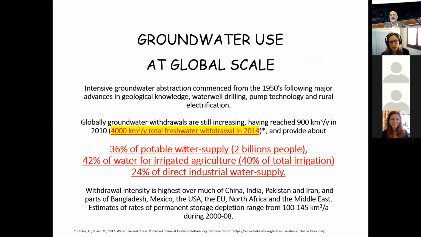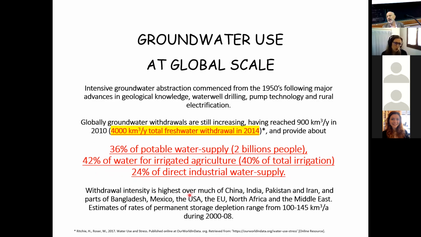Groundwater at a global scale is subjected to a very strong exploitation. This exploitation is much more intense in several parts of the world, and groundwater withdrawals are still increasing. Generally, at a global scale, 36% of potable water supply is derived from groundwater, 42% for irrigation, and 24% for industry, of the total global groundwater use.